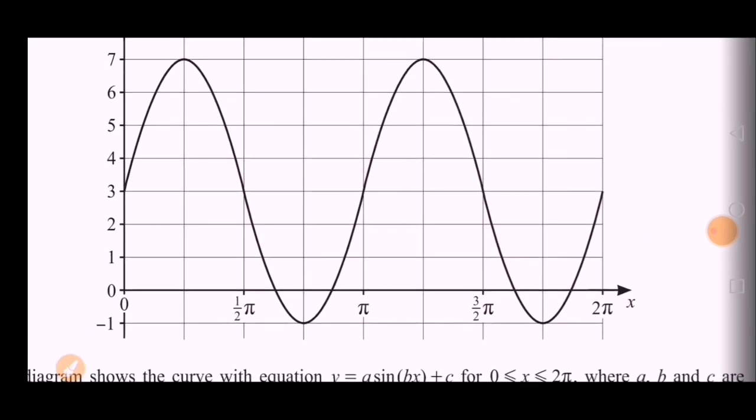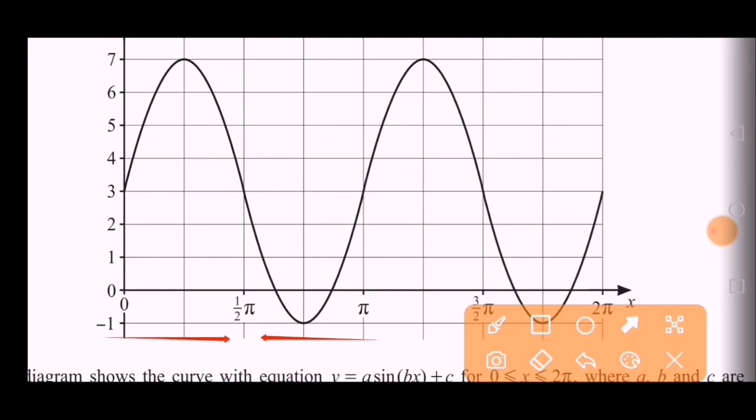Our graph seems to have been compressed in that direction, like that. By what factor has it been compressed? Let's take a close look.